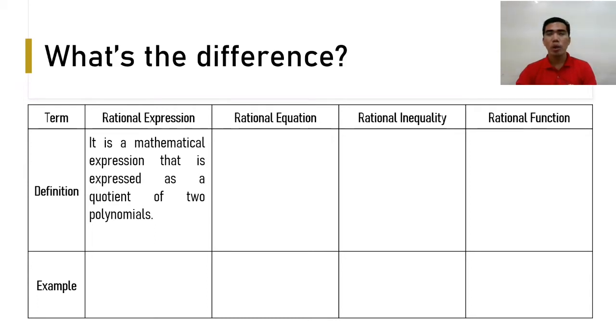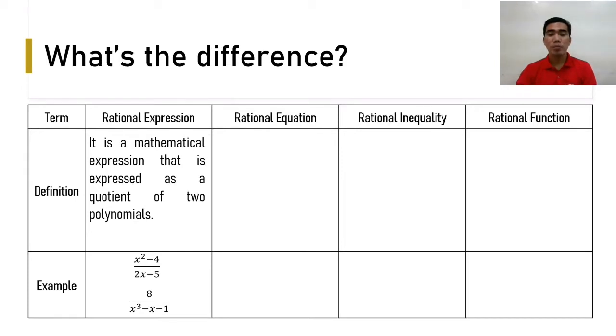So we expect more than 2 or 3 terms in this topic. Examples of rational expressions are these. That is a rational expression, the quotient of 2 polynomials, meaning it is in fraction form.